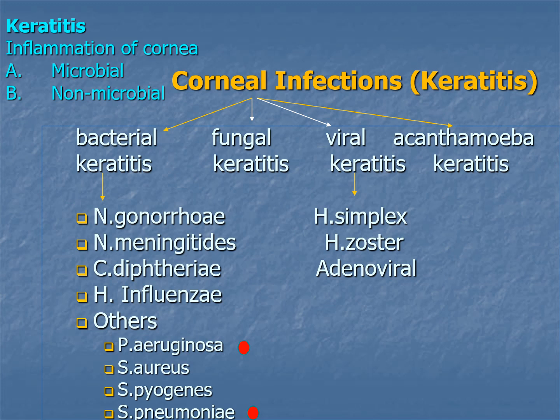Bacteria are further divided: Neisseria gonorrhoeae, Neisseria meningitidis, Corynebacterium diphtheriae, and Haemophilus influenzae. These are the bacteria which can penetrate the healthy intact corneal epithelium. But other bacteria, Pseudomonas aeruginosa, Staphylococcus aureus, Streptococcus pyogenes, and Streptococcus pneumoniae cannot penetrate the healthy intact corneal epithelium.